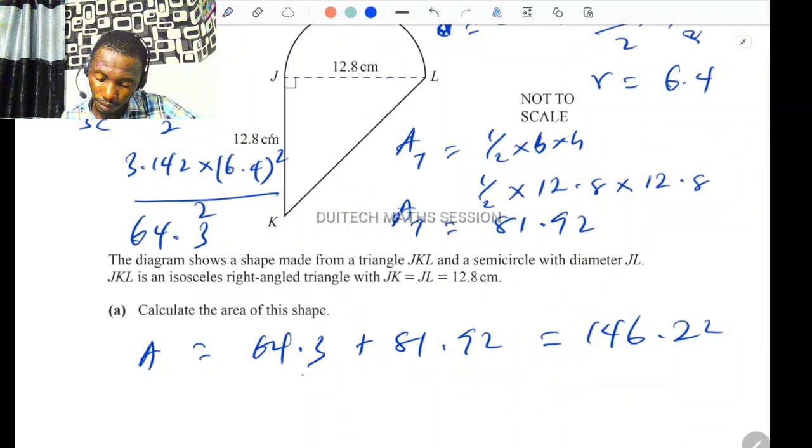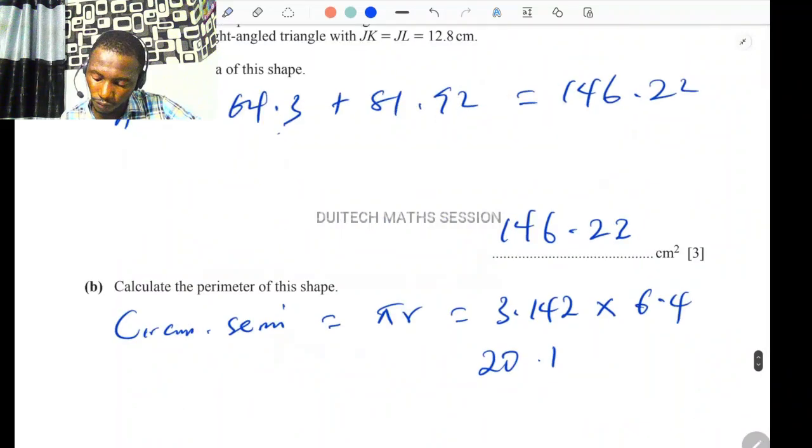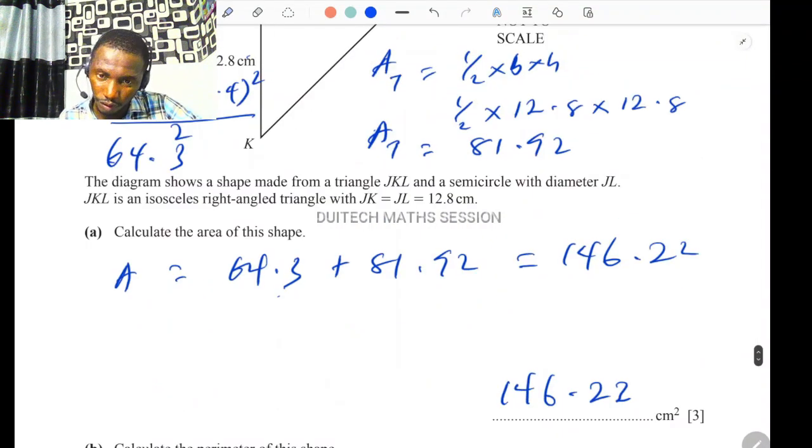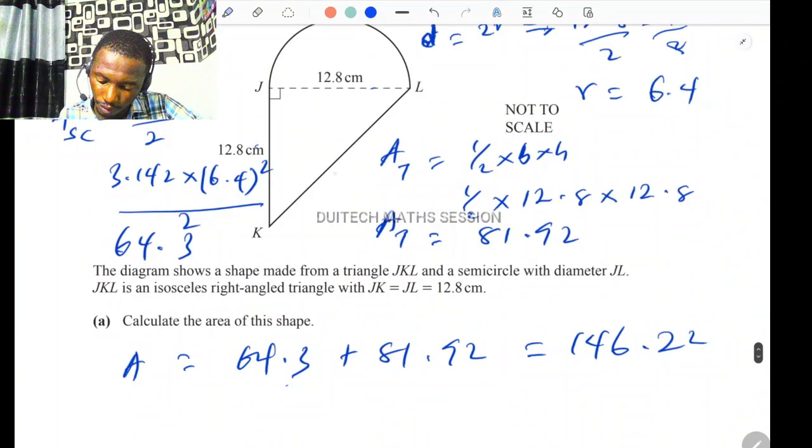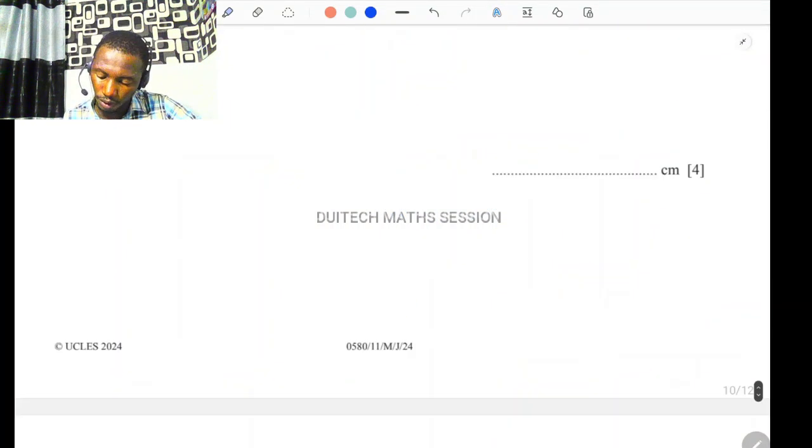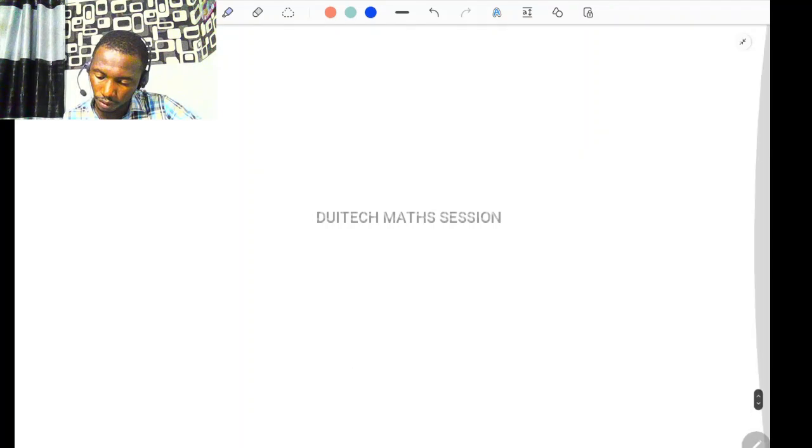So the next one now is to find the perimeter of the triangle. So let's assume this line is b, and this line is b. So we use Pythagoras.